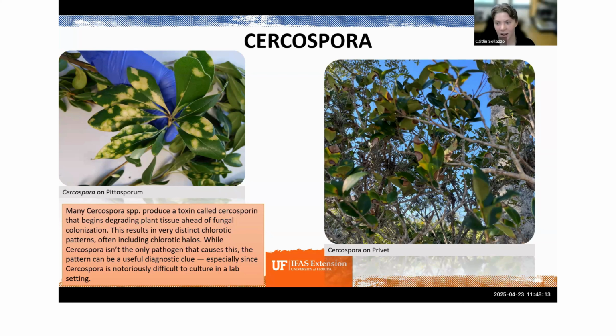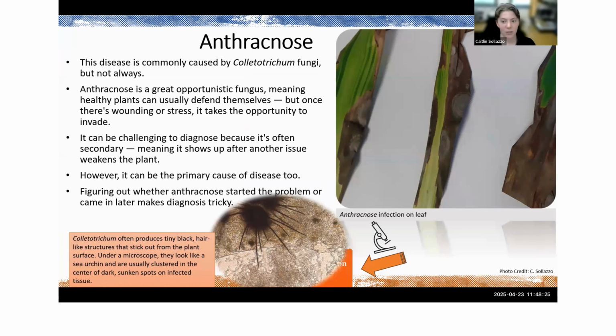So anthracnose is another one that you will see often. You'll see it talked about often. You might read about it if you're reading about diseases, which I do. Anthracnose is the more common term, a common name. There is a genus of fungi called Colletotrichum that mostly causes anthracnose, and some people use them interchangeably.